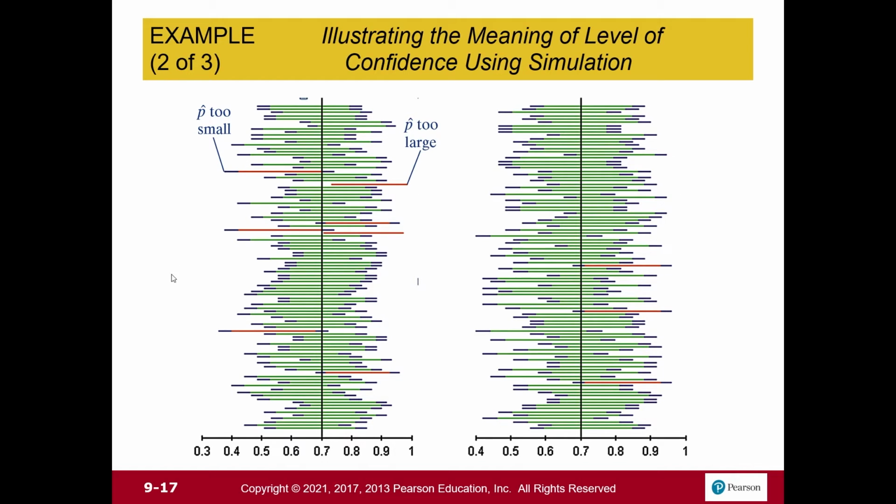Out of the 200, it looks like there's a few that turn out to be too small, where it doesn't contain it there. All right, but the great majority of them will, as you can see.